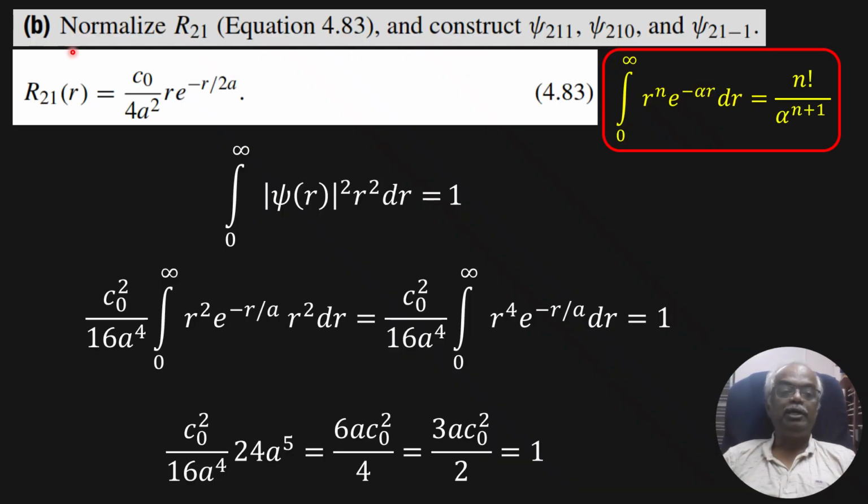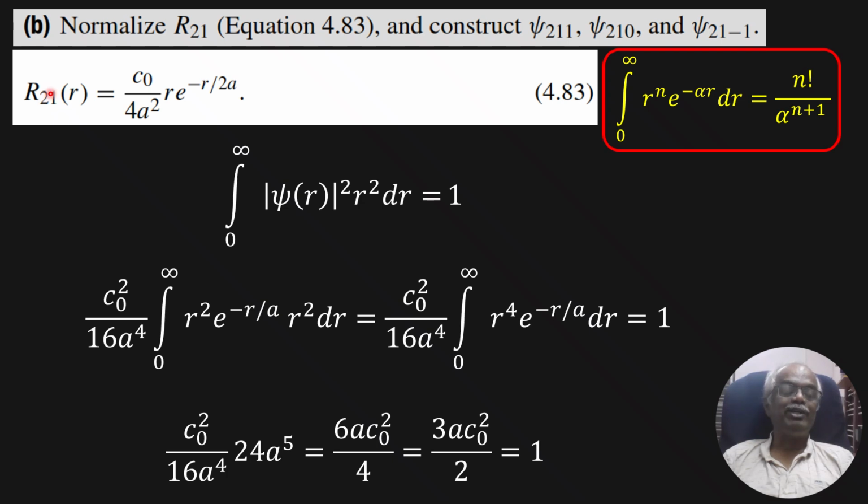Part b of problem 4.13 is: normalize R21 from equation 4.83 and construct psi 211, psi 210, and also psi 21 minus 1.